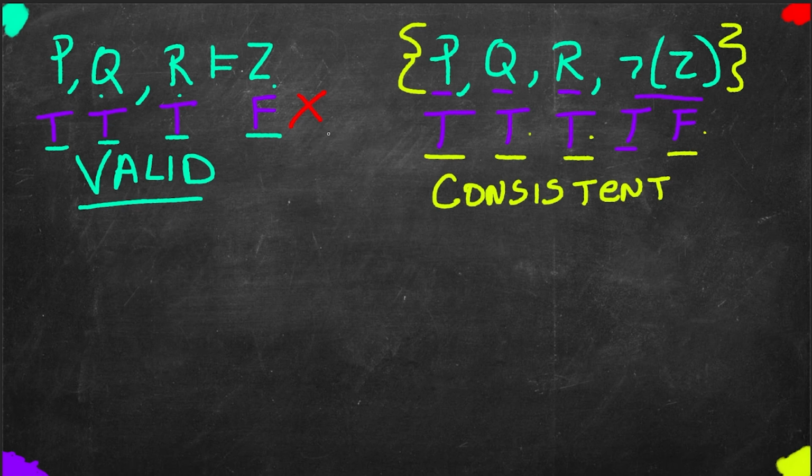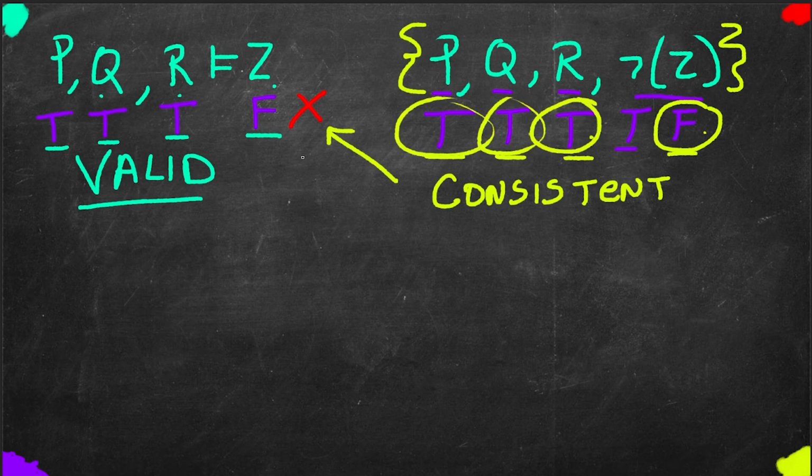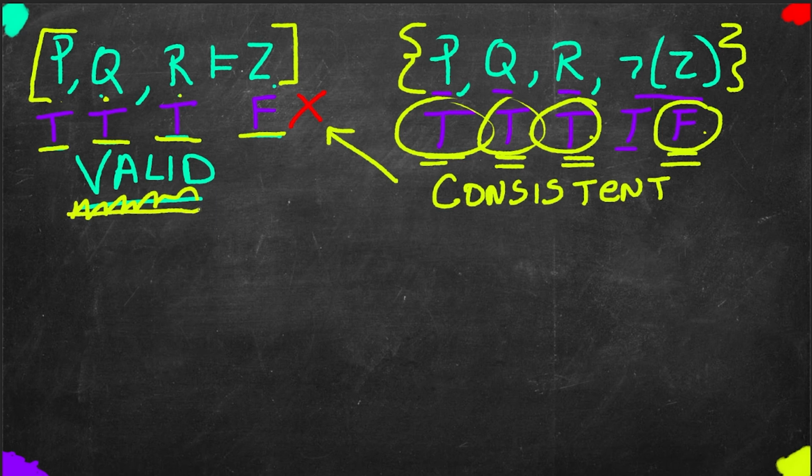And so again, this is what we would need for this set to be consistent. But remember, this particular truth value assignment, true, true, true, and false, is the exact truth value assignment that is not possible given the assumption that this argument here is valid. And so given the fact that this truth value assignment is not possible or not allowed given our assumption, the set of formulas is not consistent.